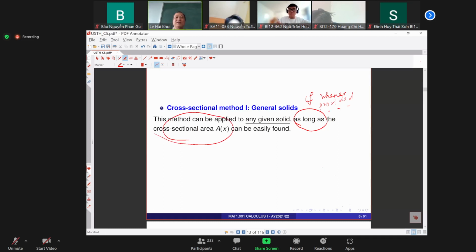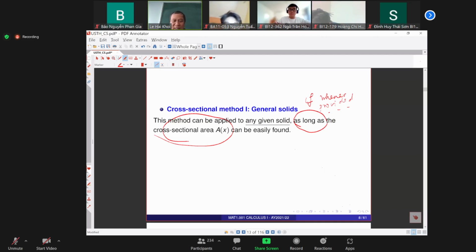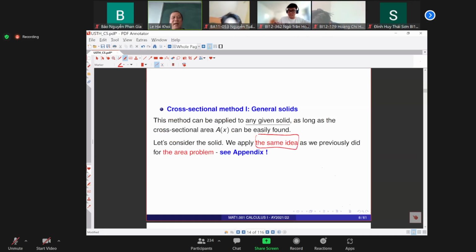That is what this method means. Okay, so what to do? The same idea as we did for the area problem. And I want to ask you to see the appendix at the end of the chapter. Okay, so remember, how about the area?